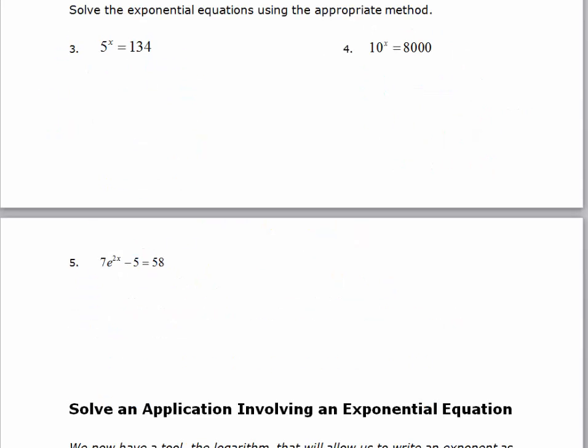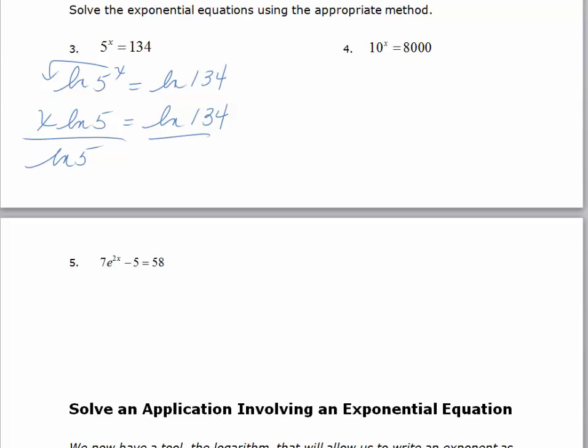Okay, let's solve 5 to the x equals 134. So I'm going to take the natural log of both sides, natural log of 134, use the power rule, x times the natural log of 5 equals the natural log of 134. Divide both sides by the natural log of 5.